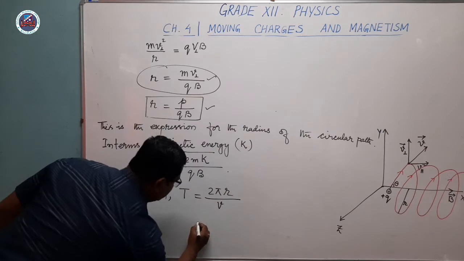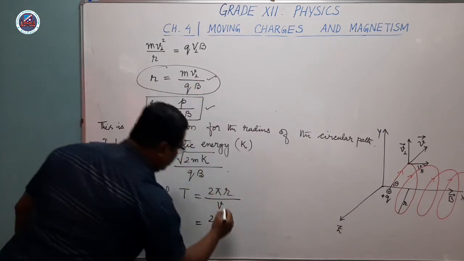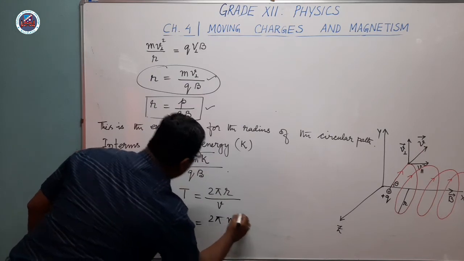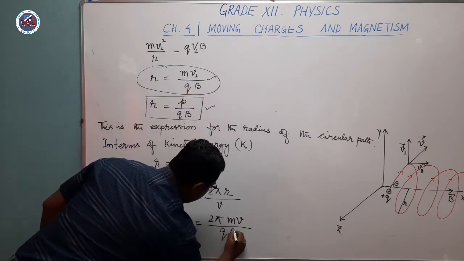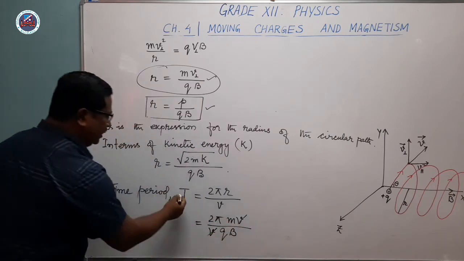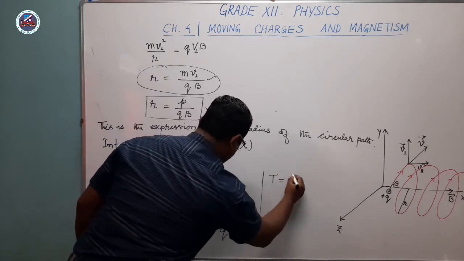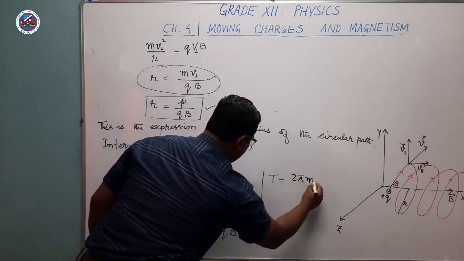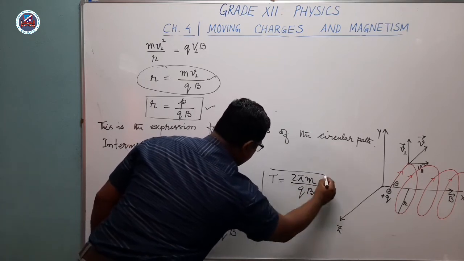So in this expression you will get 2 pi r, and the radius we take as mv divided by qB, and you have one v here, cancel out, and you get the expression for time period. Time period T is equal to 2 pi m divided by qB. This gives us the time period.